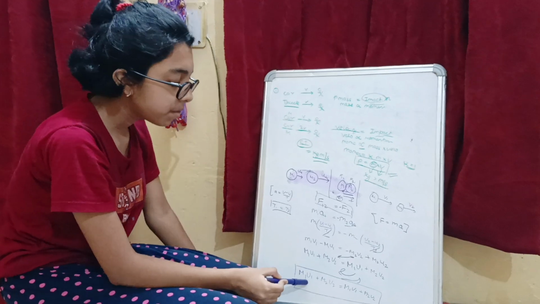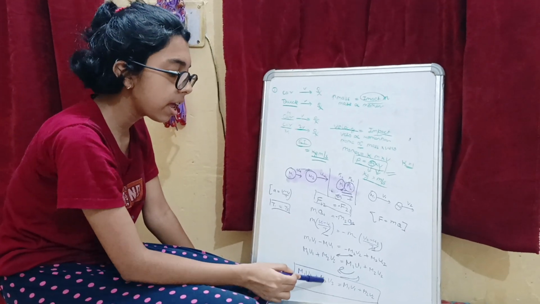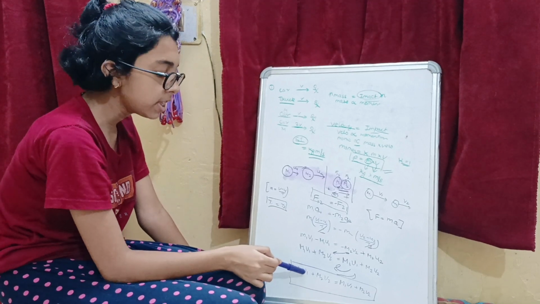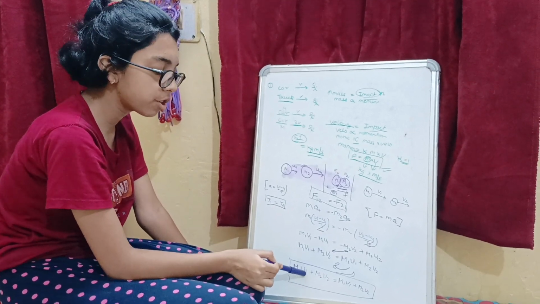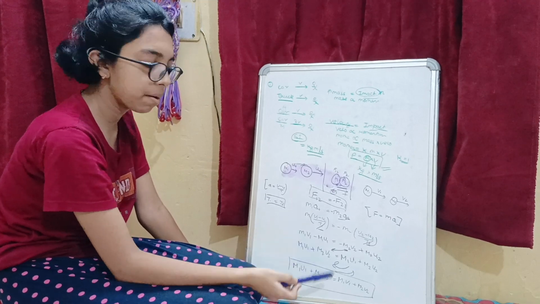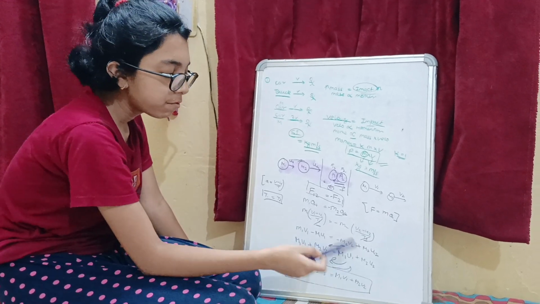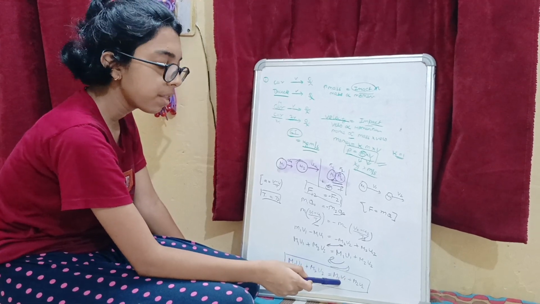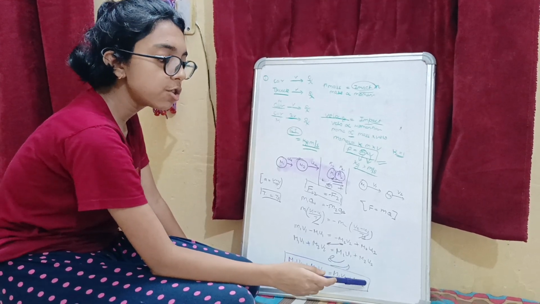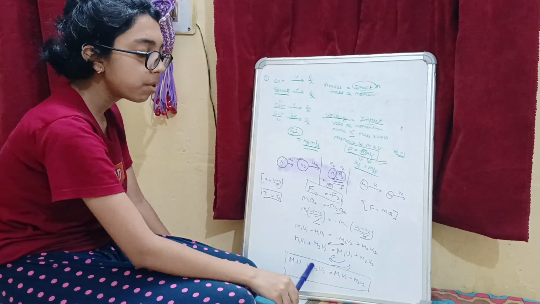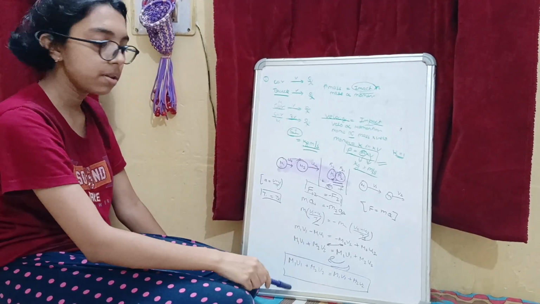In this we can see m1 u1 and m2 u2 mean the initial momentum of the objects: mass into initial velocity of the first body, and mass into initial velocity of the second body. This is equal to mass into final velocity of the first body, and mass into final velocity of the second body. So the sum of the momentum of both bodies is always equal.